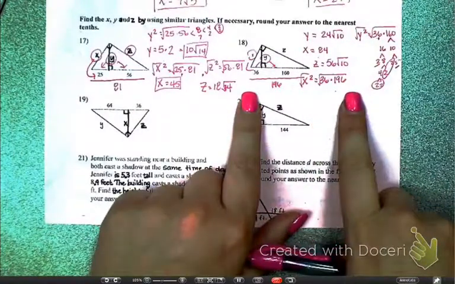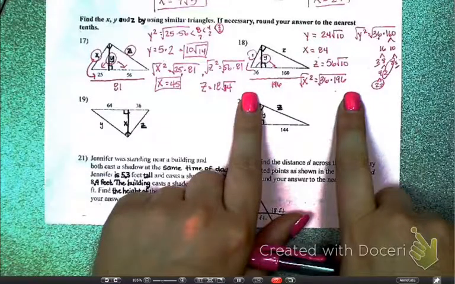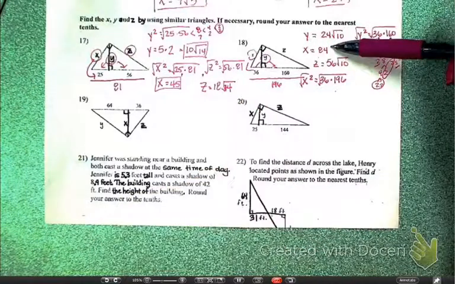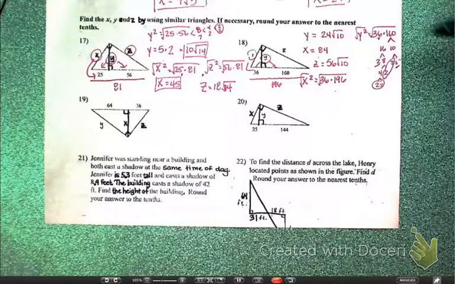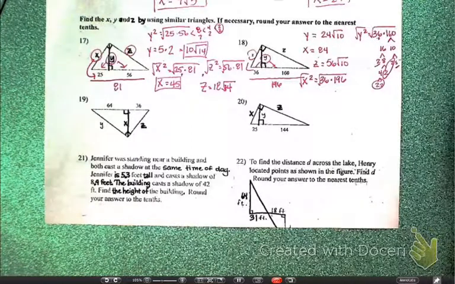What's the square root of 196? 14. 6 times 14 gives you the 84. Do we still need z? No? Anyone need z? Okay.